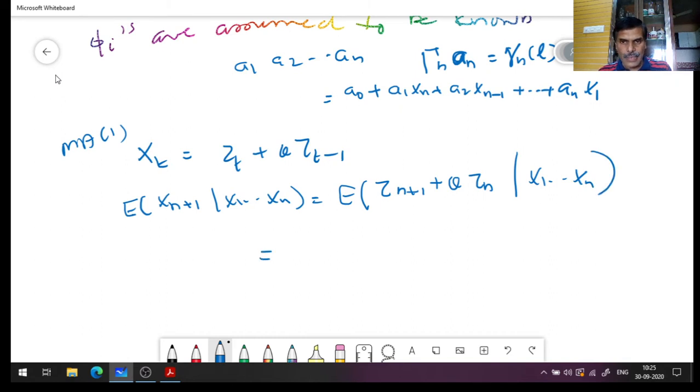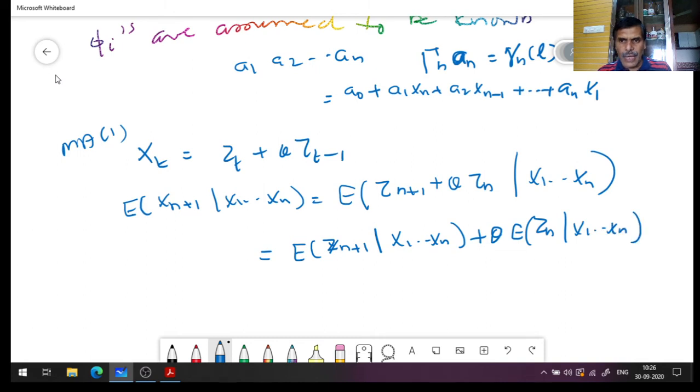So this is nothing but the expected value of zn plus 1 given x1, x2, ..., xn, plus theta times the expected value of zn given x1, x2, ..., xn. The first quantity is 0, because this is n plus 1. The second is not 0, it actually depends on the data. So you may have to find theta times the expected value of zn.